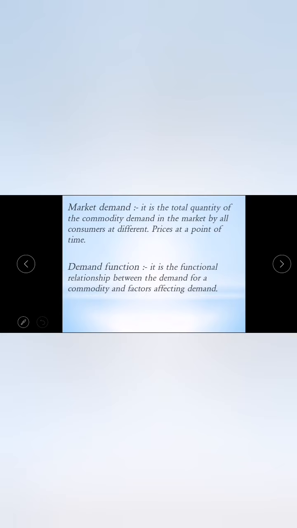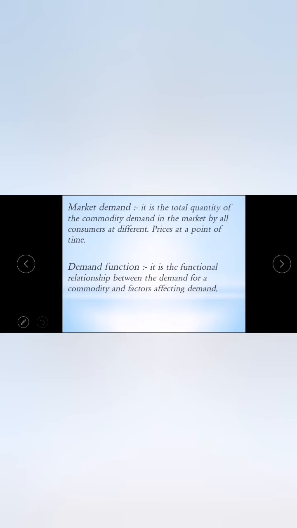We'll see the demand for a given product and who wants to purchase it. We'll see how the demand for the goods is increasing in the market and how many want to buy that product. That is called market demand.